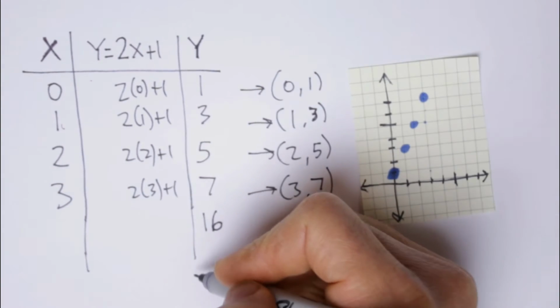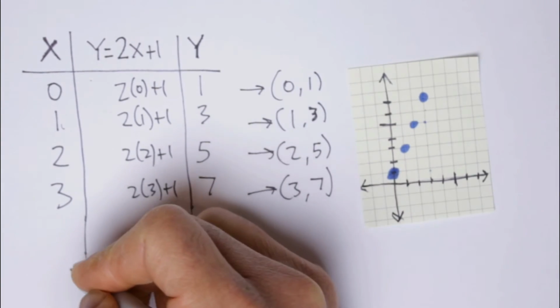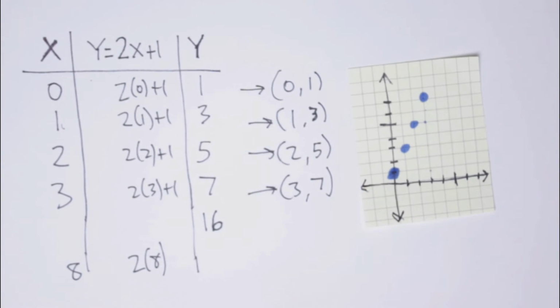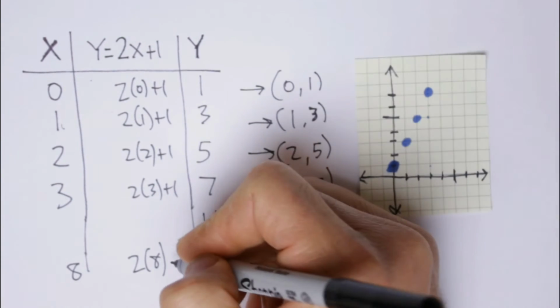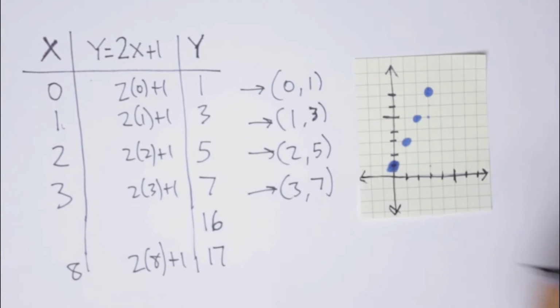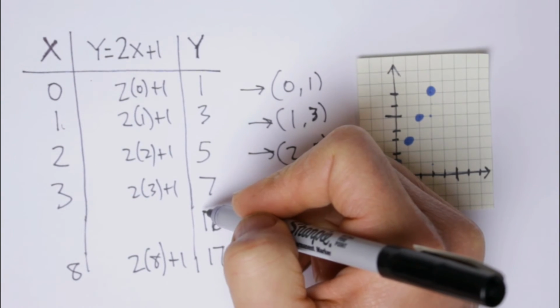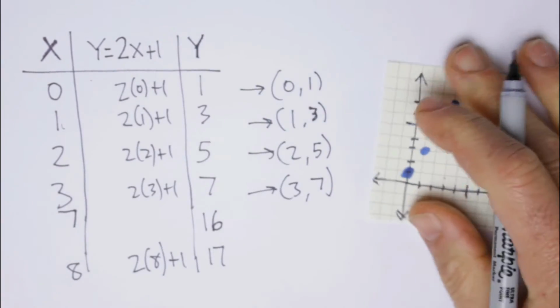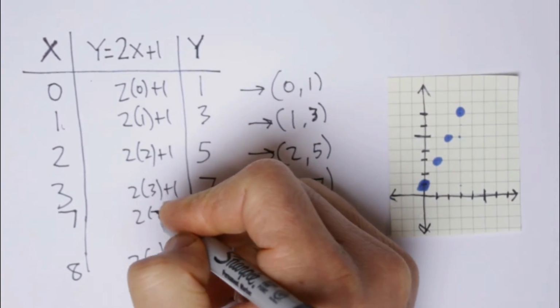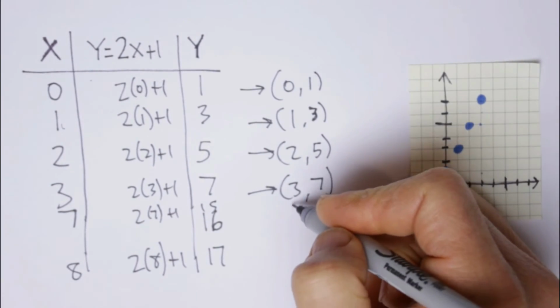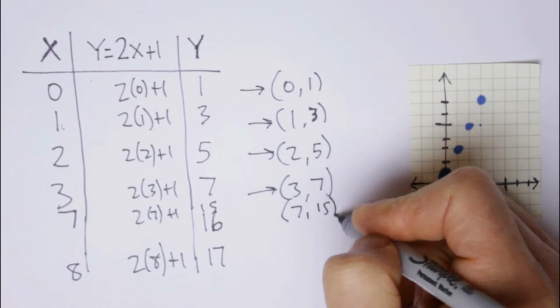If it went 8 hops, right, it'd be 2 times 8, which is 16. Very good. Plus 1. That would take it to 17. Cute Bunny's also thinking, oh, if I went to 7, 2 times 7 is 14 plus 1 is 15. So it knows 7, 15, and it knows 8, 17.